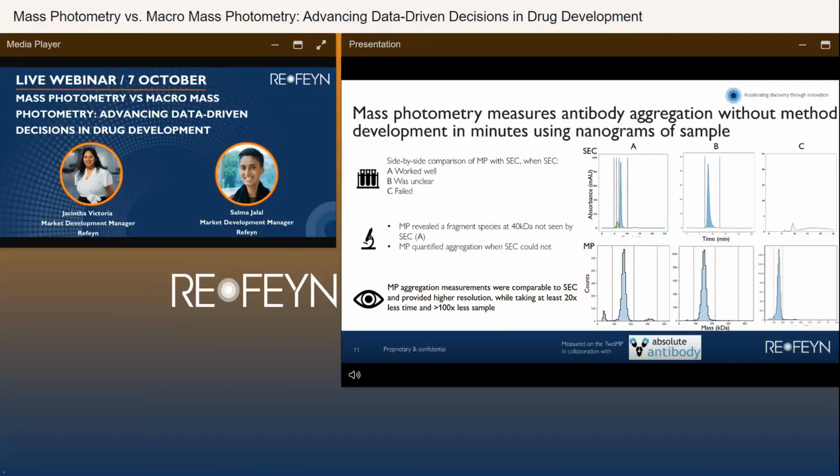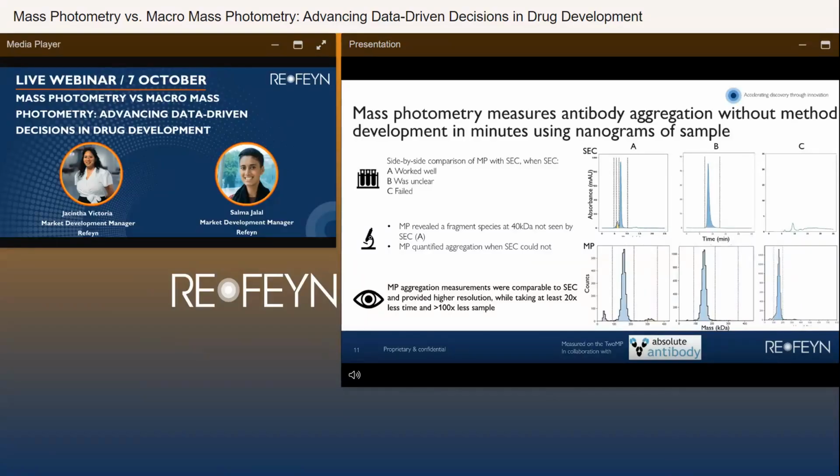And then finally, you're getting comparable measurements. So MP can be used as an orthogonal to SEC, and it's giving you measurements 20 times faster than SEC can, and using 100 times less sample. So here, you're using nanograms of sample with a 1-minute measurement versus needing micrograms and a 15 to 20 minute runtime for SEC.